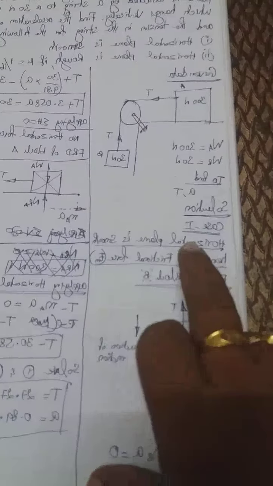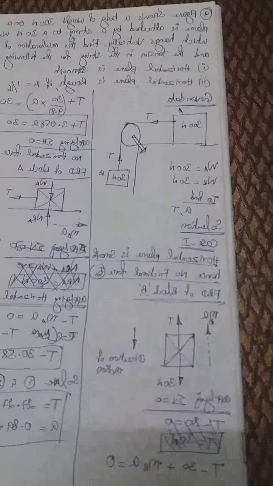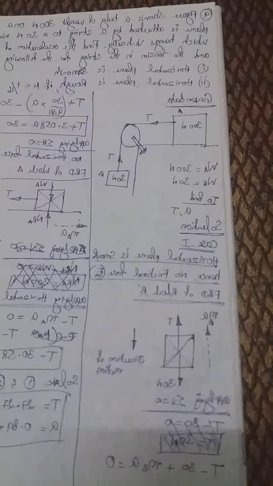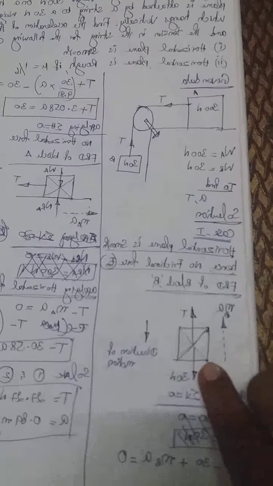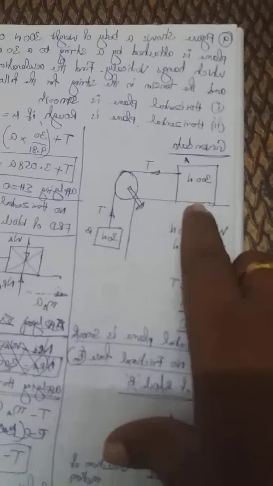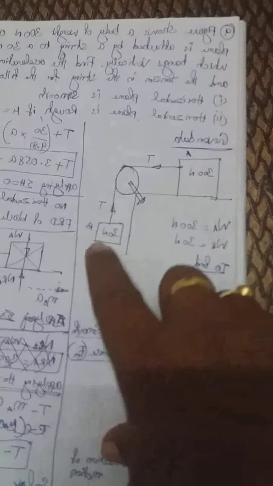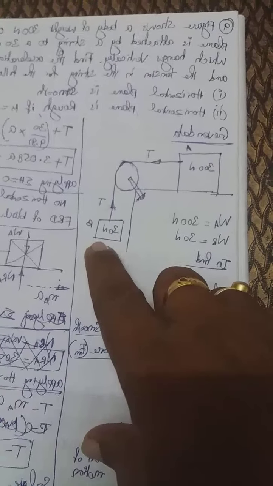Okay, solution. In this problem also I am going to draw the free body diagram for block A and block B separately. First I am going to take block B. Here we have to focus on one more thing. Even though block A is heavier, 300 Newton, than block B, 30 Newton, how about the motion?